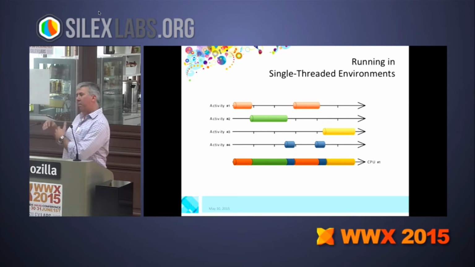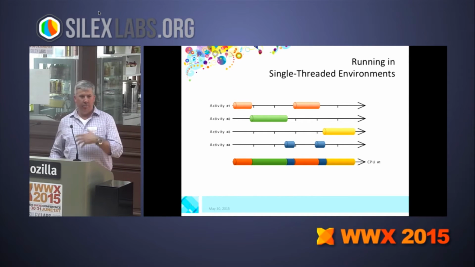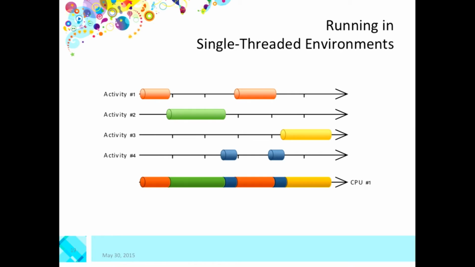So in this picture, I'm showing 4 different activities. And in this case, I'm demonstrating how they might be mapped to a single-threaded platform. So at the top, we see 4 activities, and at the bottom, we see one. I called it a CPU. It could be a thread. It could be the browser JavaScript runtime. The idea is that the activities are interleaved and they take turns or are somehow selected to run on that one resource.